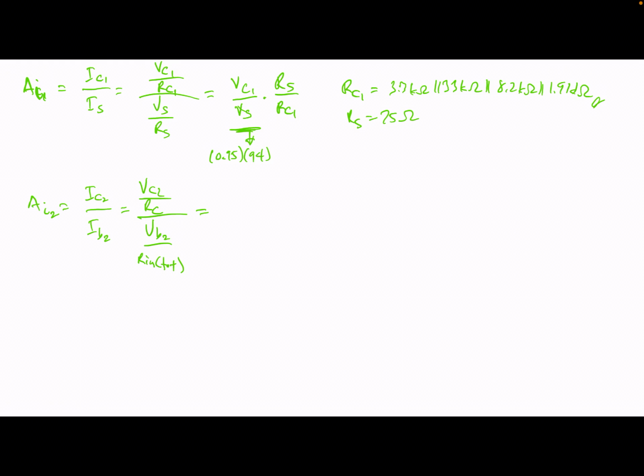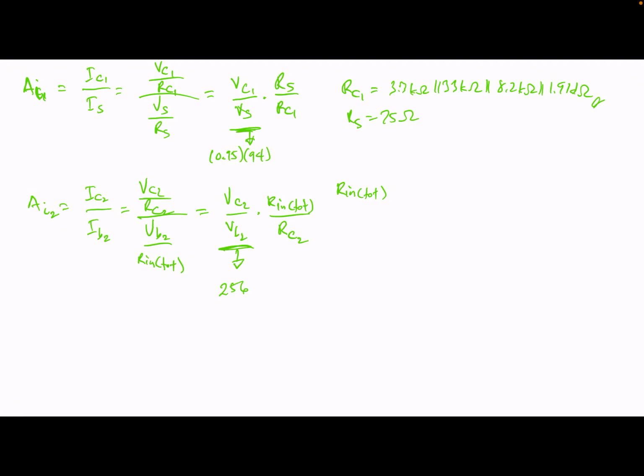So if you write this, it is VC2 over VB2 times R in total divided by RC, so we should write RC2 here. Now VC2 over VB2 is nothing but our gain in the stage 2 amplifier, and the gain in stage 2 is 256. R in total is what the second stage amplifier sees at its input.